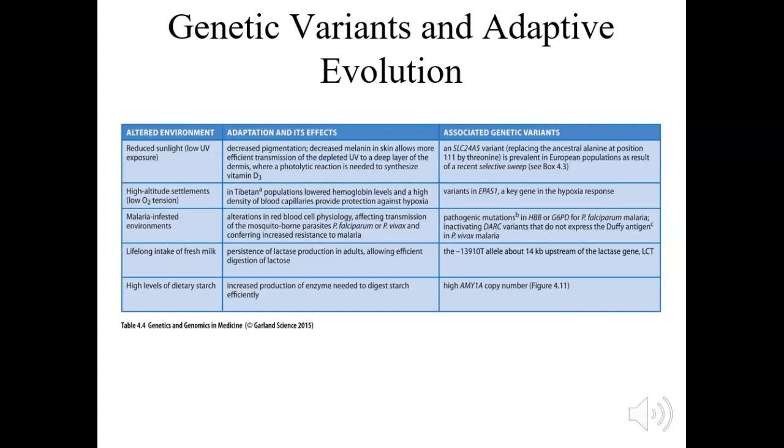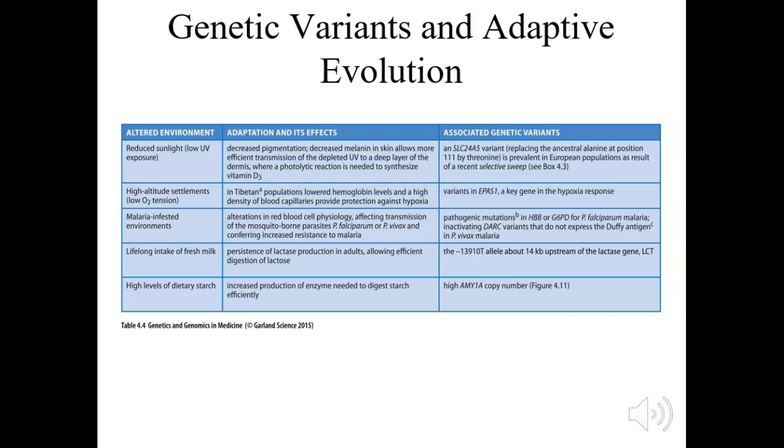They basically have a very high density of blood capillaries, which would make sense, and provide protection against hypoxia. So all of these are environmental things that over time gave some degree of benefit to some people in the population versus others, and therefore a higher chance of procreating and passing on that particular change. This is just a couple examples.